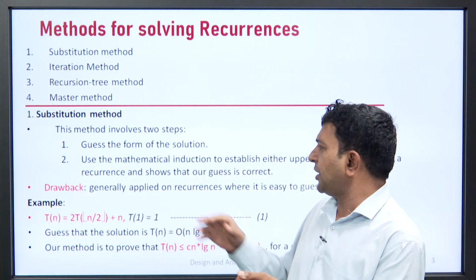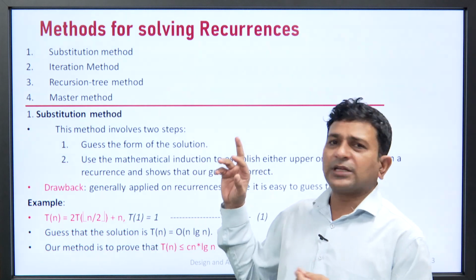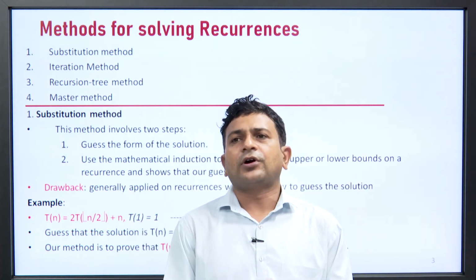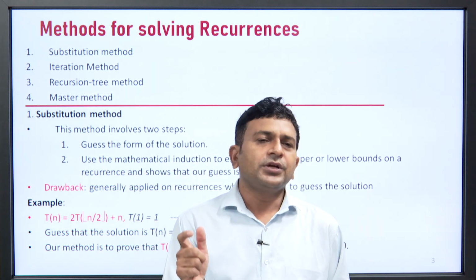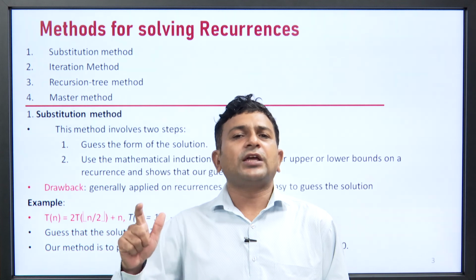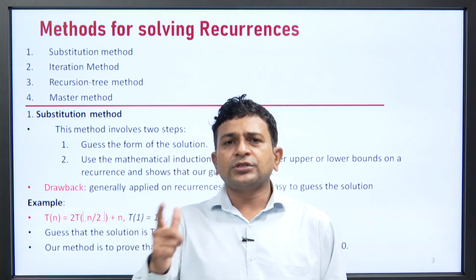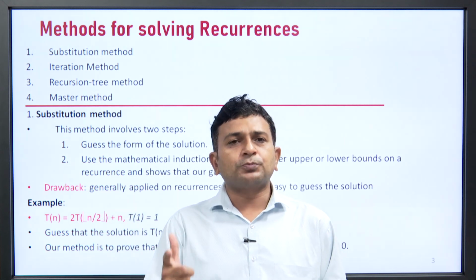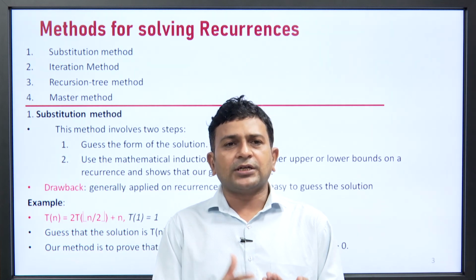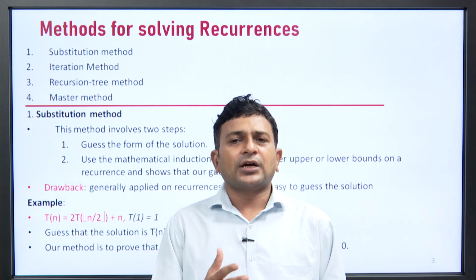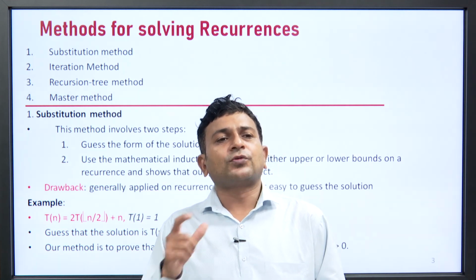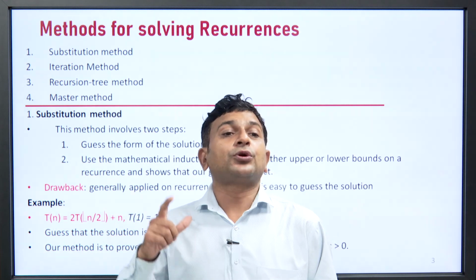In mathematical induction, first of all we guess the solution, and then we assume that this solution is working for some value n = k. Now using that, we take the expression of the recurrence and prove that this solution is also working for the value n.